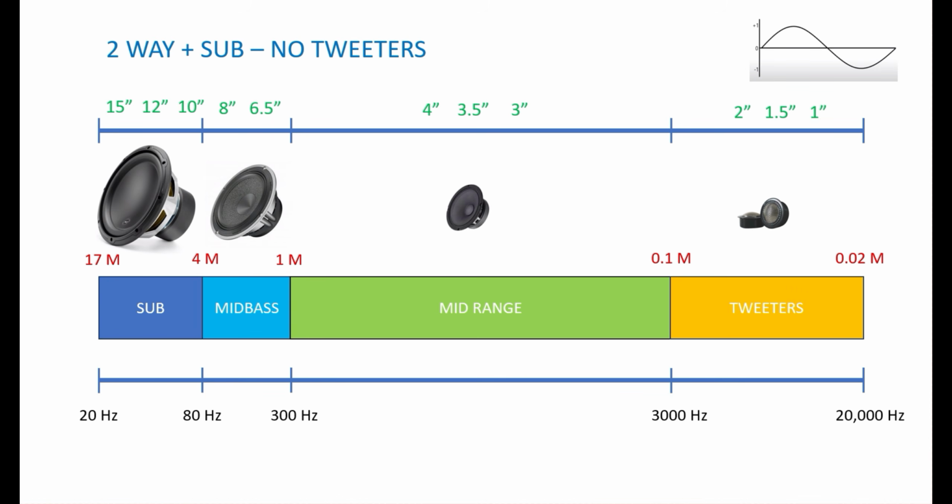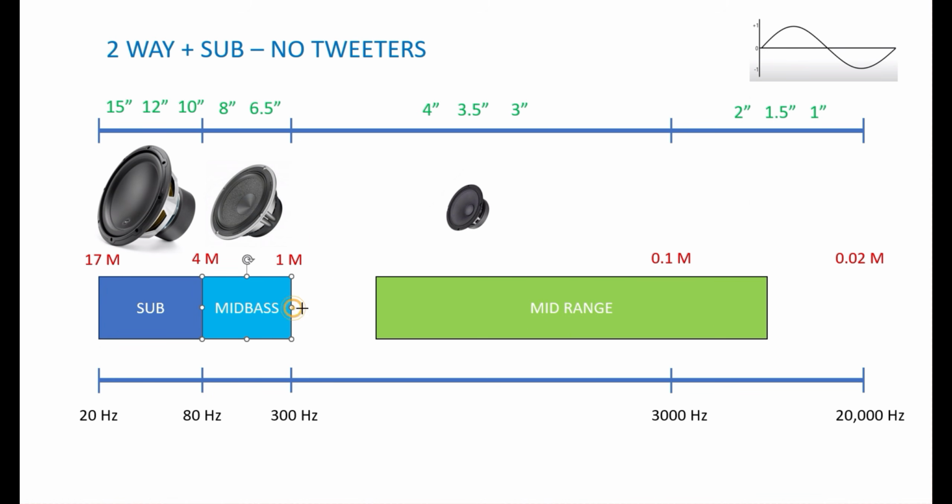So a two-way with a sub and no tweeters, right? What would that look like? We'd have our sub, and our tweeters don't exist. It would typically mean that we try to get our mid-range to play a bit higher, and maybe have our mid-bass play a little bit higher, but not always.